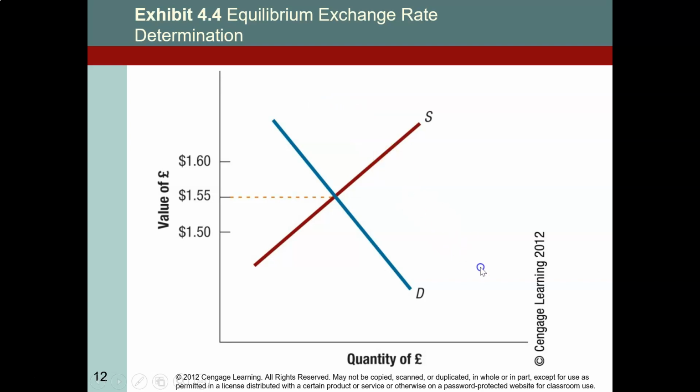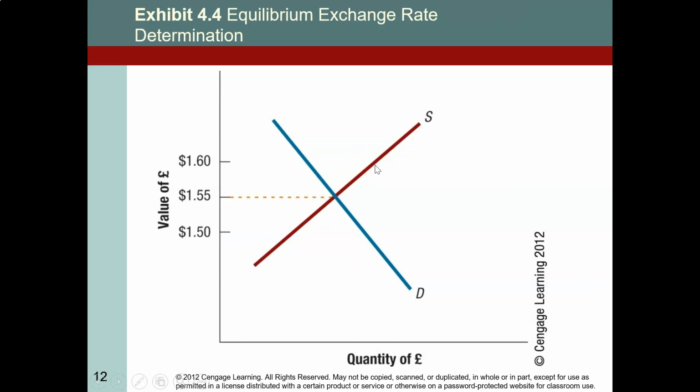Then for each price level we have a higher quantity demanded. This is when we say the demand schedule increases. The demand increases for any price level. Then the cross point would be here at a higher price.